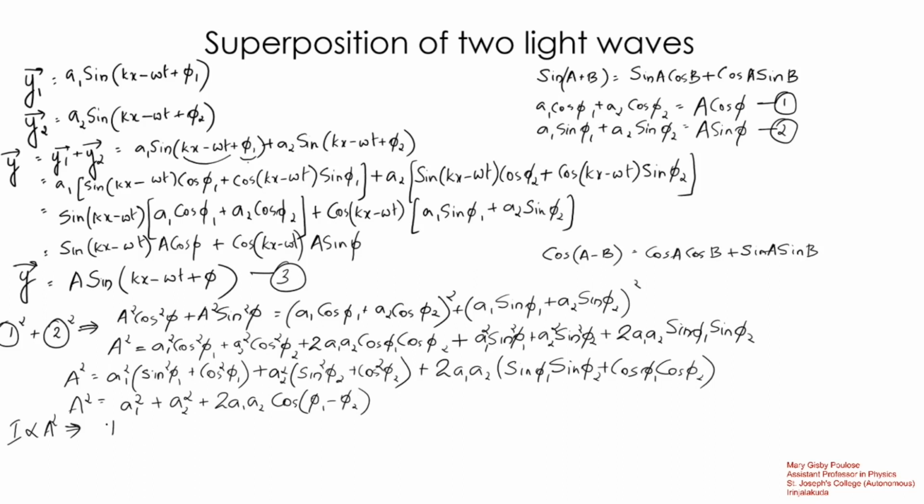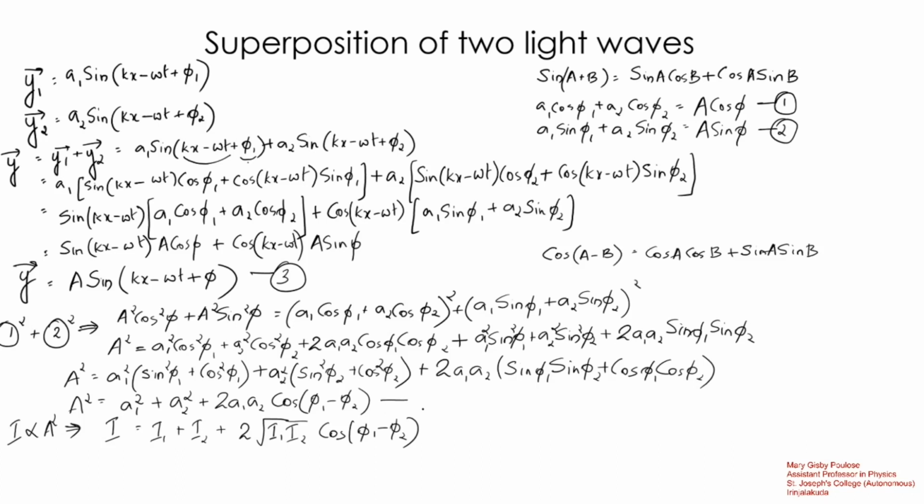Okay, so I write the intensity of the resultant wave is equal to I1 plus I2 plus 2 square root of I1 into square root of I2 cos phi 1 minus phi 2.